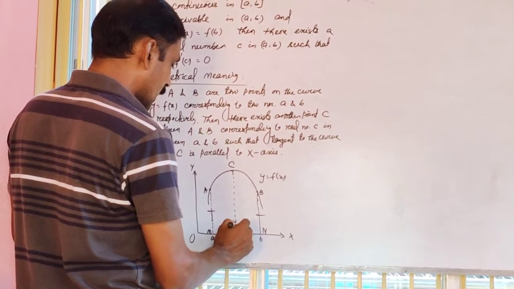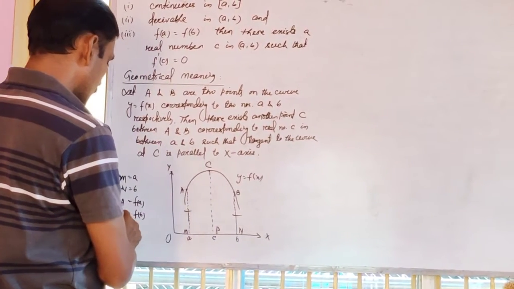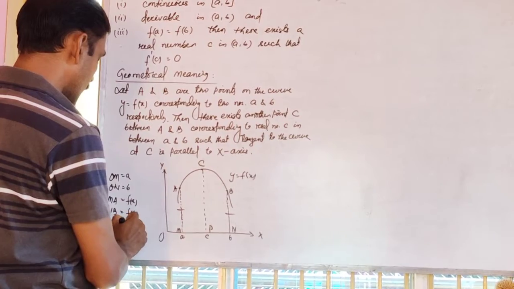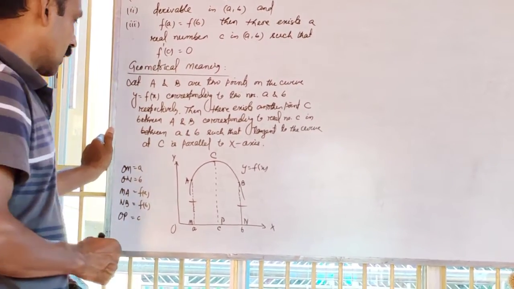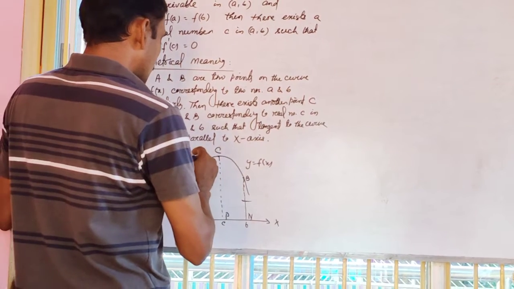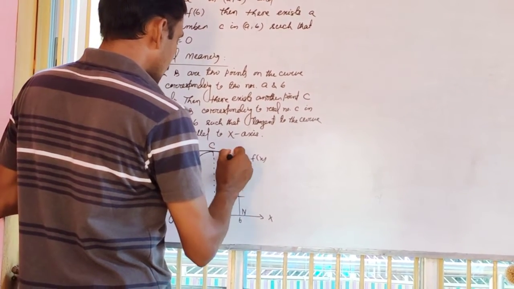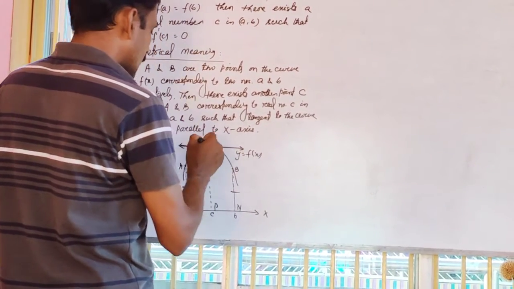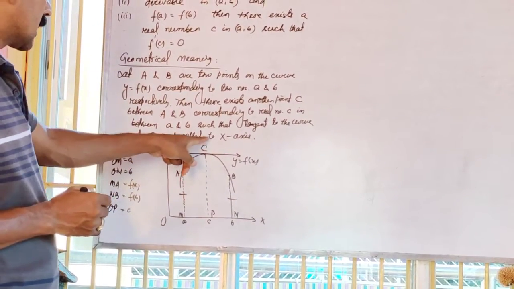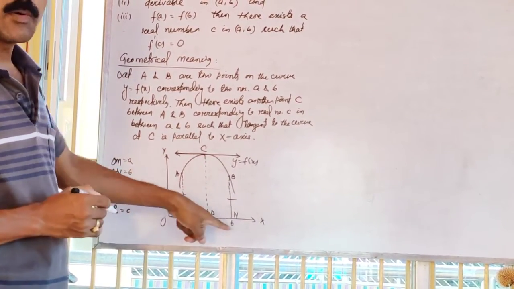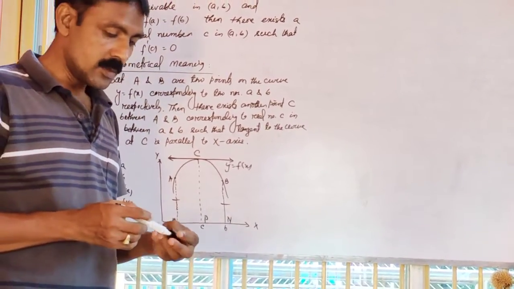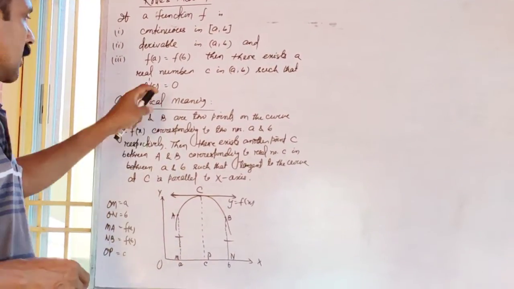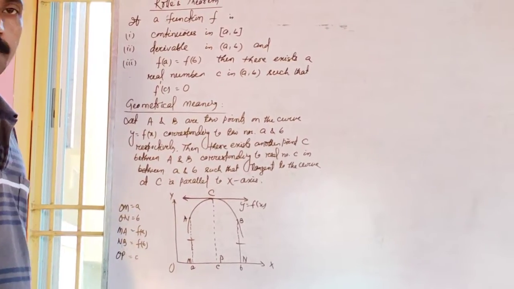Here suppose this point is Q, so OQ equal to small c. Then if we draw a tangent at this point C, this tangent is parallel to our x-axis. This is the meaning of Rolle's theorem in geometry. Our graphical representation of Rolle's theorem is like this.